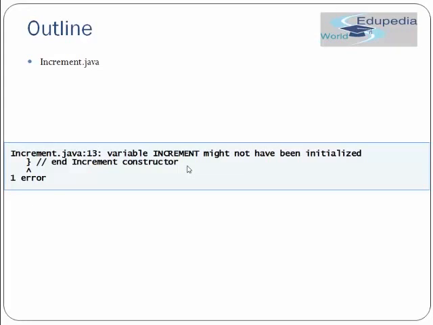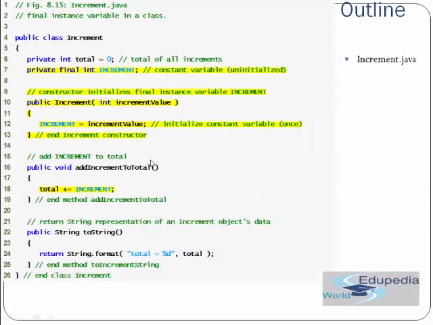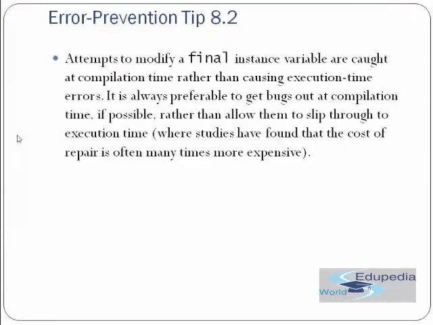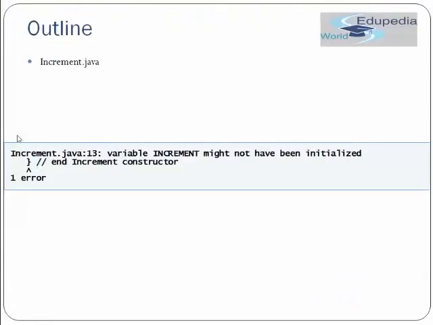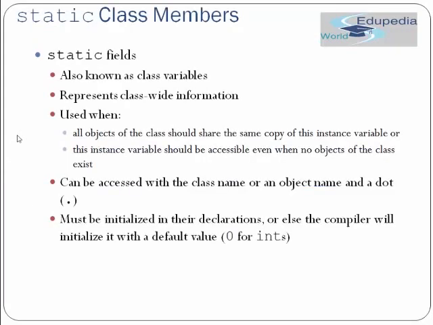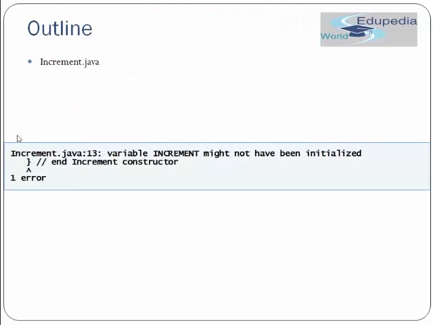So let's go back to Increment.java to see where this error occurs. Wherever we end the Increment constructor, it will give us an error saying that it might not have been initialized. So that is the error. That was about a final variable.